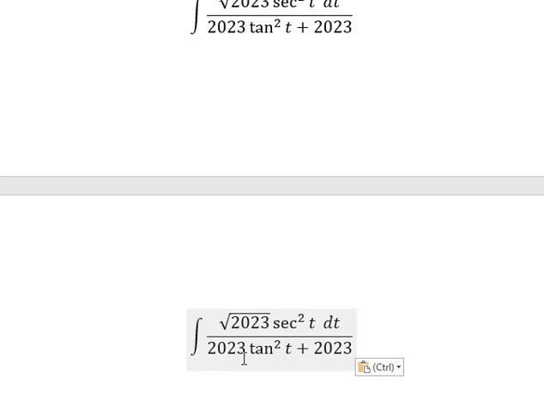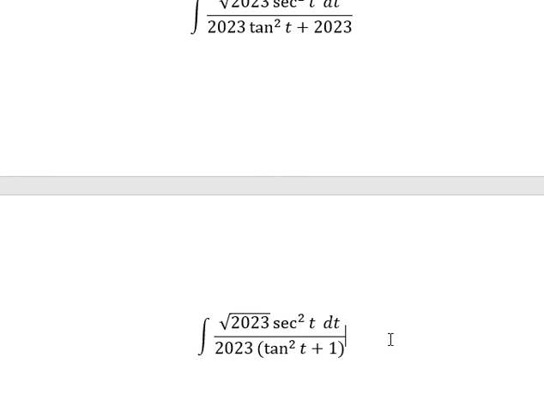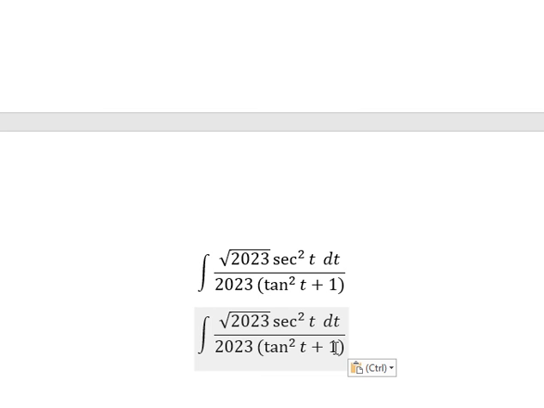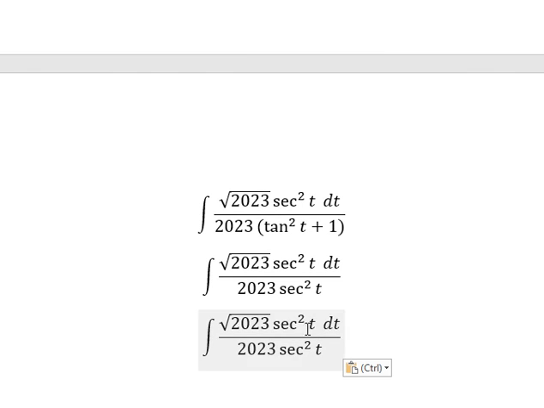So 2023, 2023, we can do factorization. So this one we change by secant of t squared. Next, we need to simplify secant of t squared on numerator and denominator.